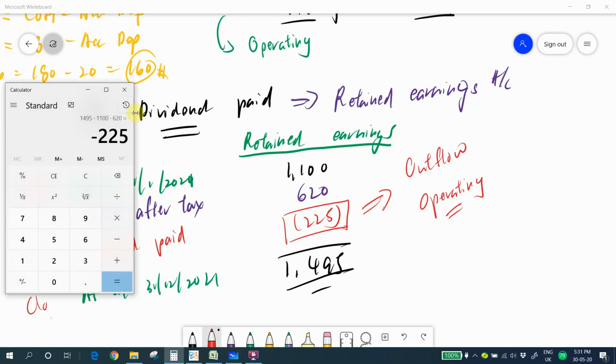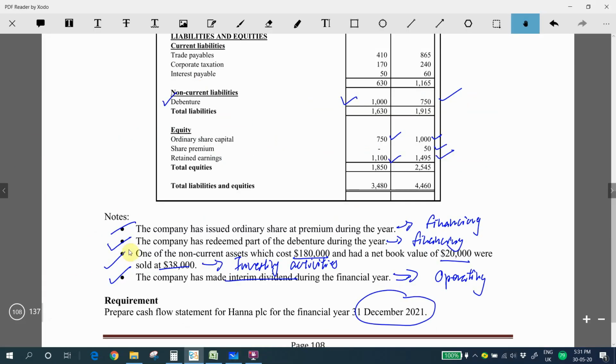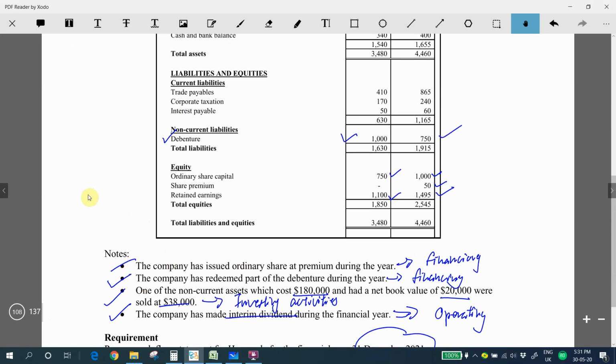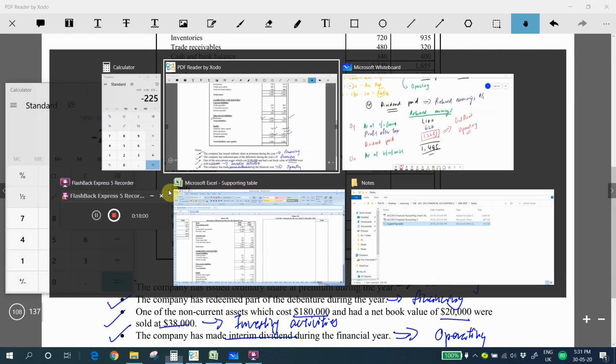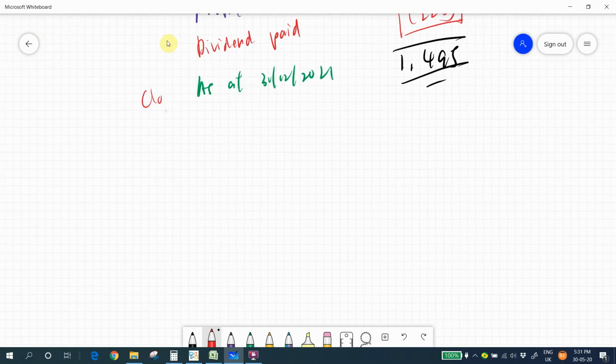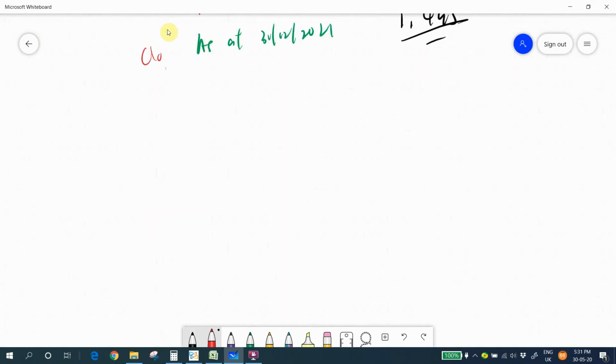So we have basically adjusted all the additional information. But before we prepare our cash flow statement, there are another two things that you are required to adjust. These two things are your interest paid and also your tax paid.